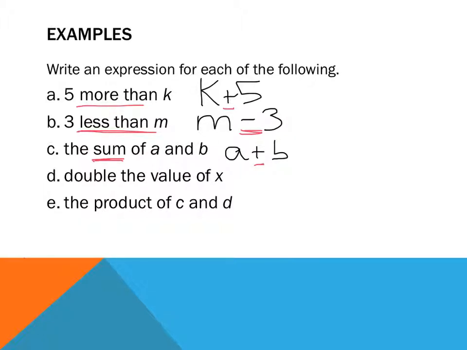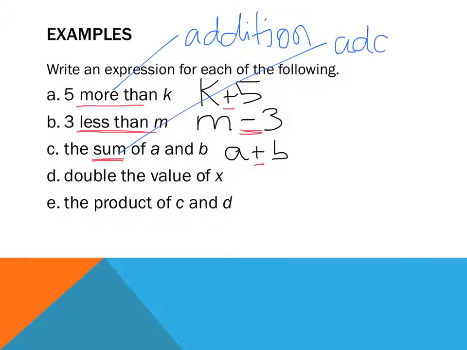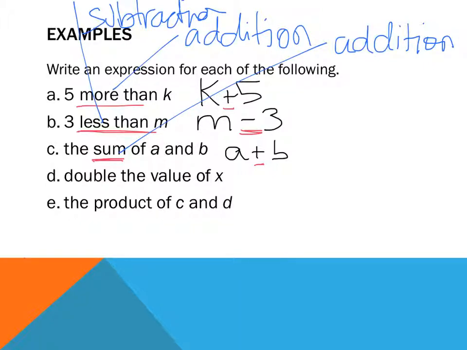What I'd be doing, if you don't know any of these terms, like more than or less than, if you didn't get that, I'd be writing a little note off the side for myself, going addition, sum, addition, again. Okay? Less than, subtraction. And obviously not writing your notes as messy as I am, but writing yourself a note somewhere.